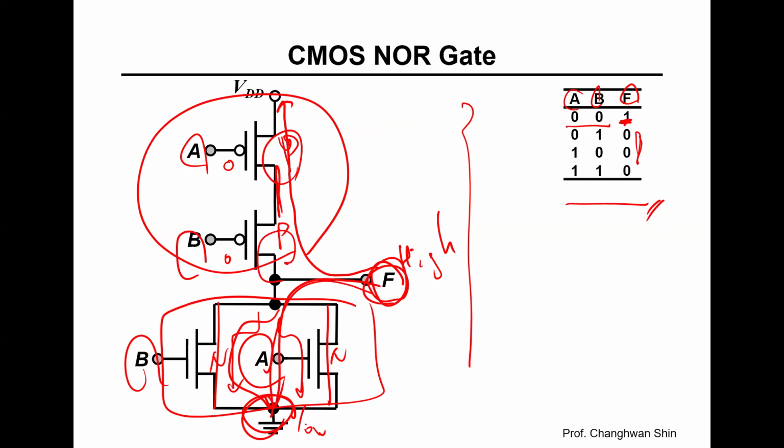Okay? So this arrangement is like a security system where two keys are necessary to disable the alarm system. Both inputs must be zero to get a high output. However, either key can trigger it. Either input being one produces a low output.